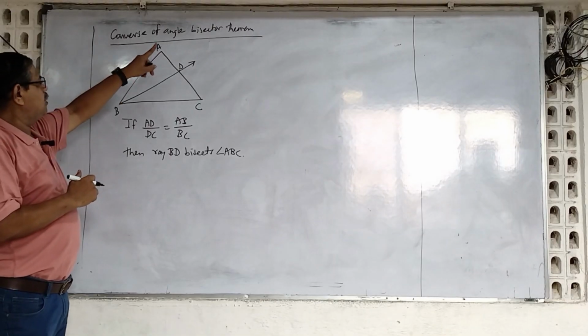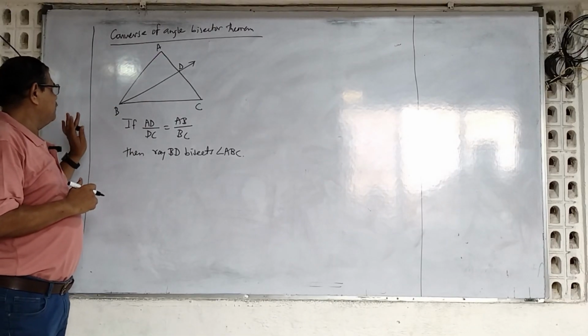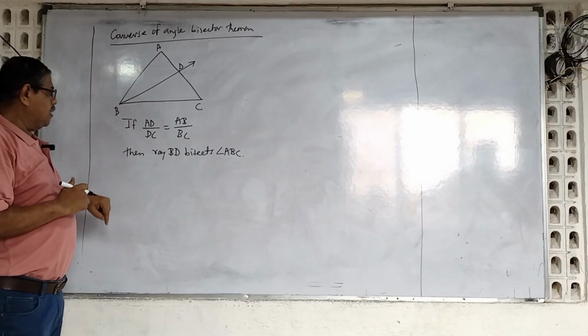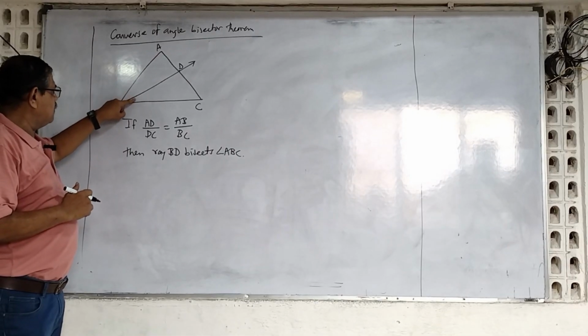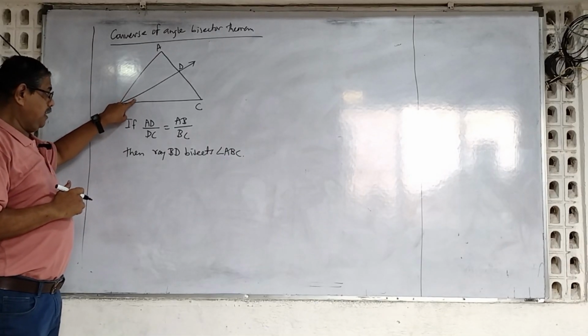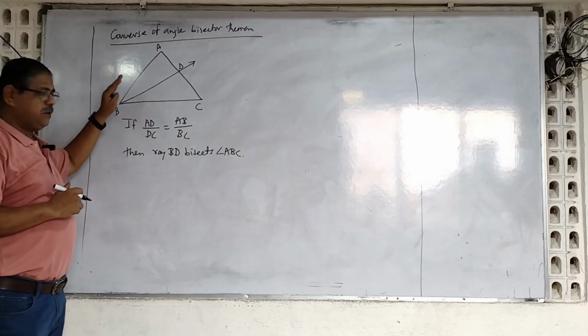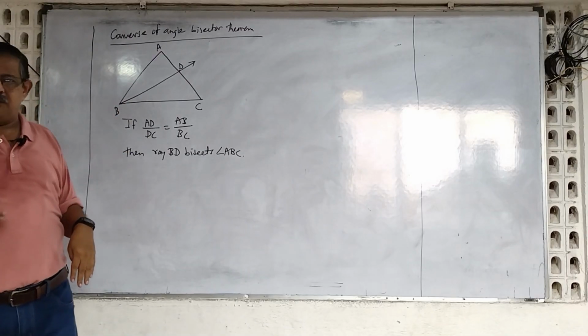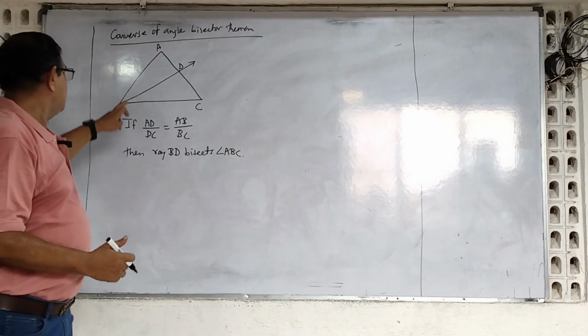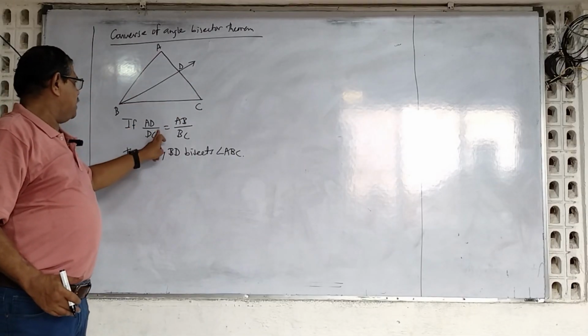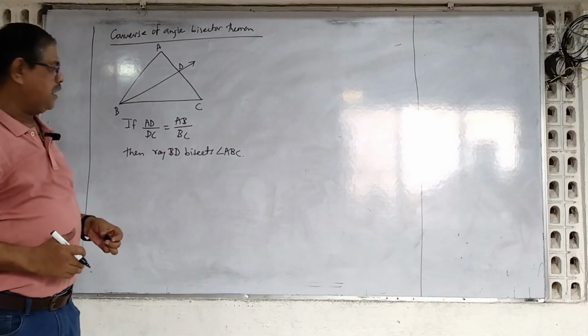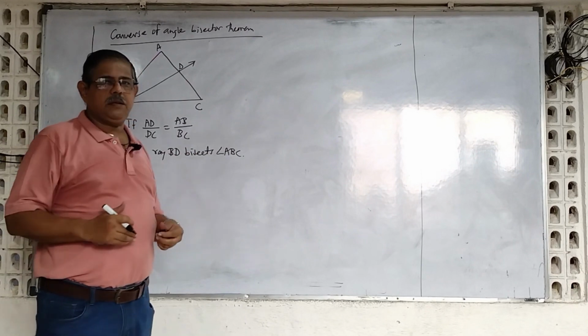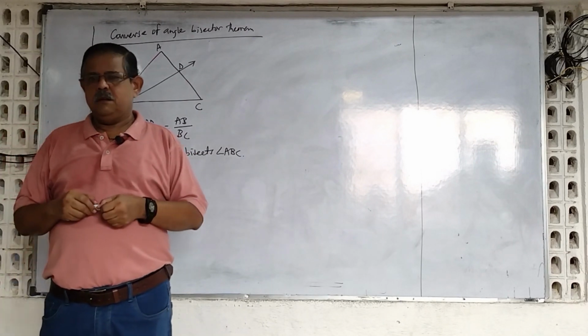So this is your converse of the angle bisector theorem. Remember it in a simple way. Here no identical marks are shown, that means BD bisects angle ABC is not given to you. We are using the property as given, AD upon DC is equal to AB upon BC. We can say BD bisects angle ABC.